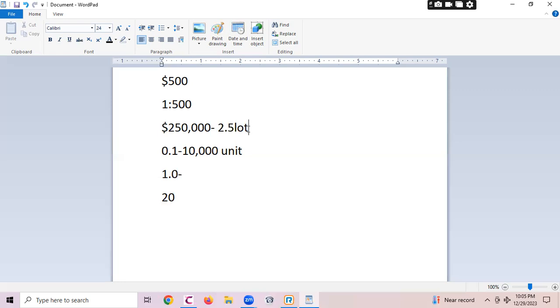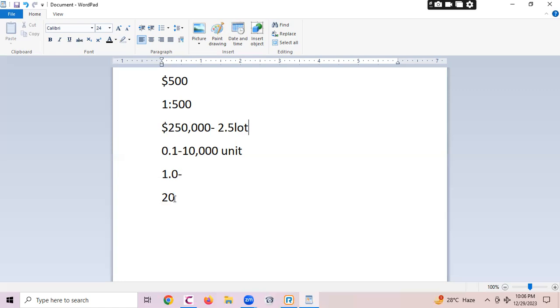Now, let's assume you execute a trade with 0.1 lot size. 0.1 lot size is 10,000 units. So with 1:500 leverage, if $1 gives you 500 units, how many dollars would give you 10,000?